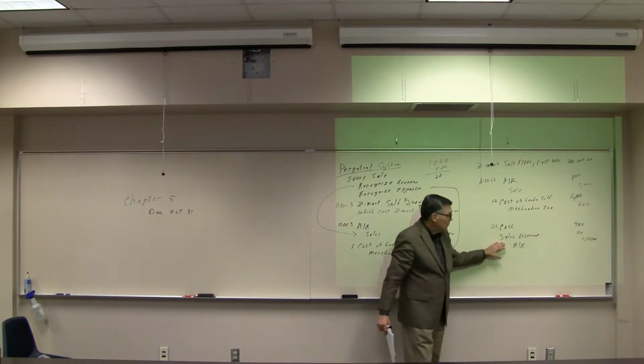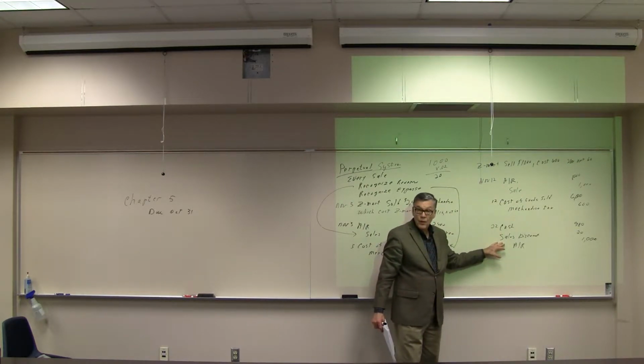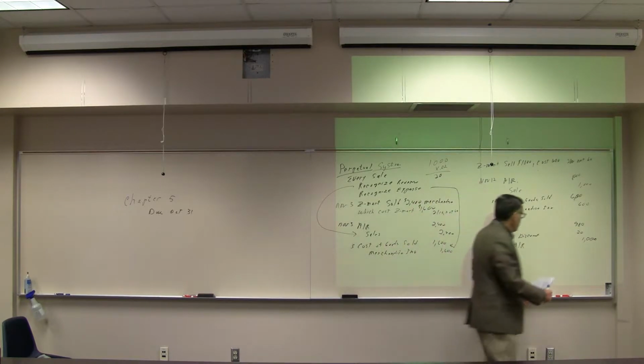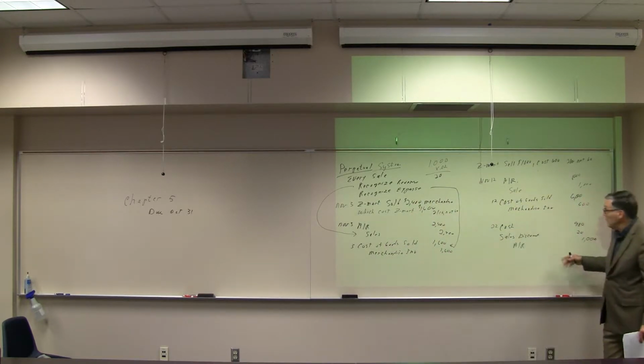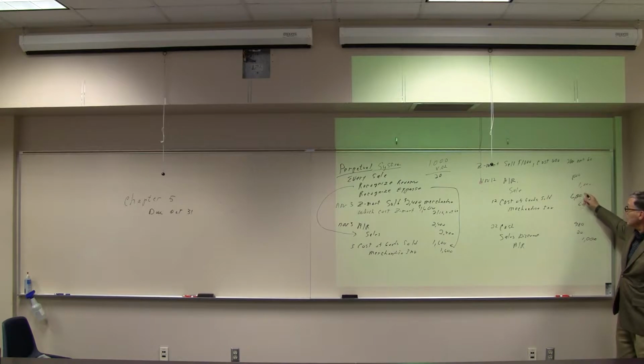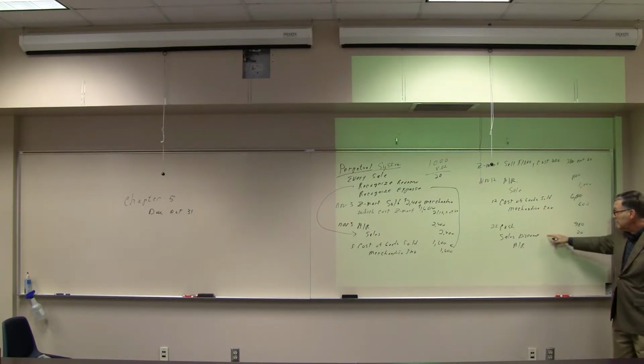Now, sales discount gets debited. What kind of an account do you think sales discount is? It's a contra revenue account. So, in this case, the net sales would be $1,000, a credit to the revenue account, less the sales discount, a debit to the contra revenue account.